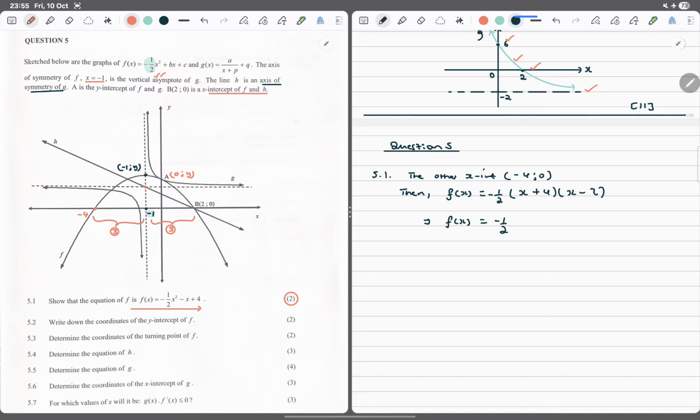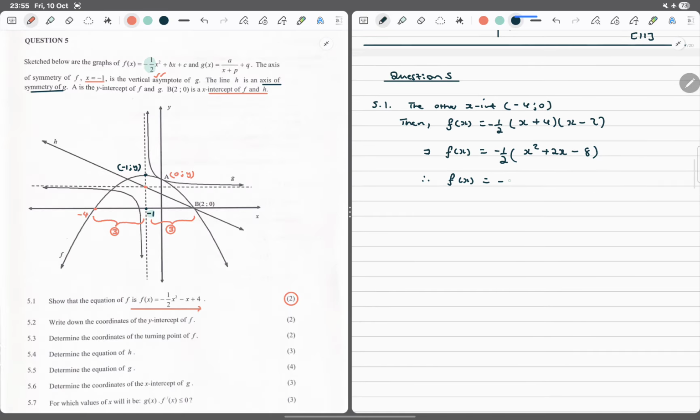F of x is minus a half of, this is x squared, 4 minus 2 is going to be plus 2x minus 8. Therefore, f, when we distribute, we get minus a half of x squared minus x plus 4. Okay? As it was required. Okay, guys, so this is easy.